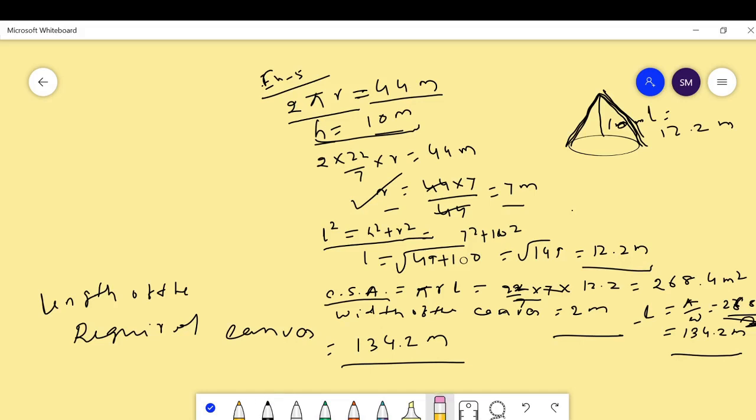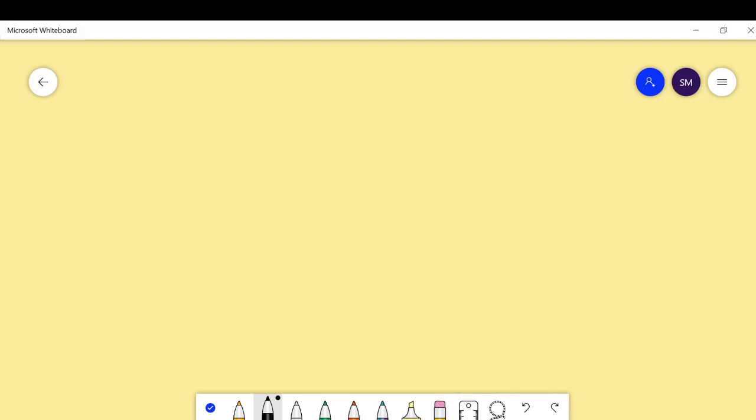Okay. Then another question. Here the question says, how many meters of cloth 5 meter wide will be required to make a conical tent, the radius of whose base is 7 meter and height is 24 meter.